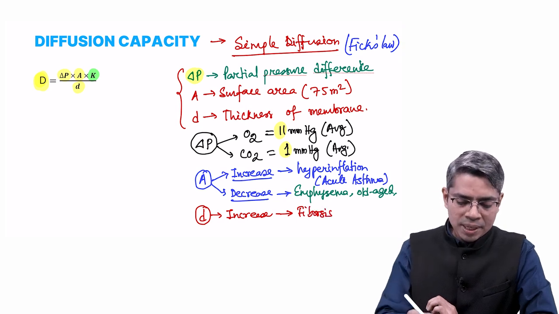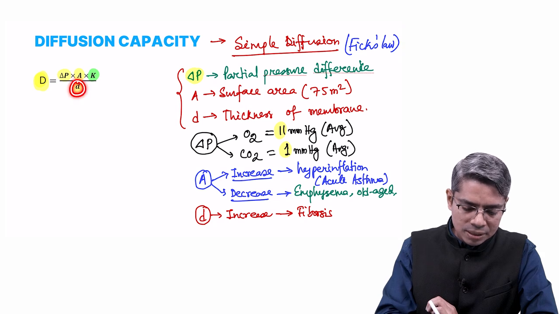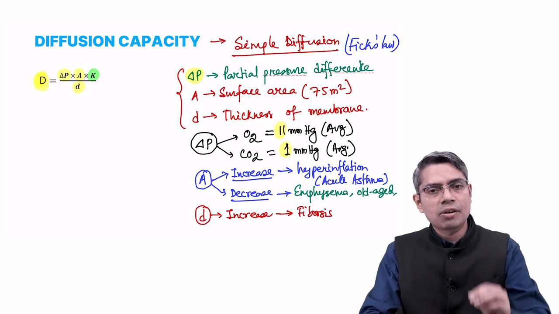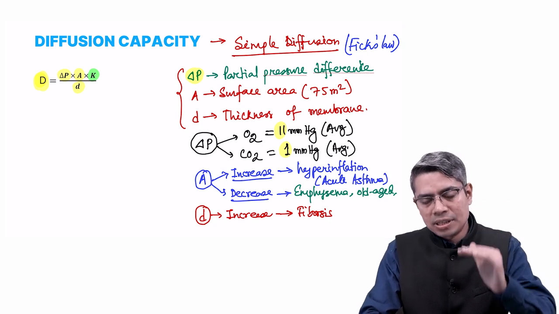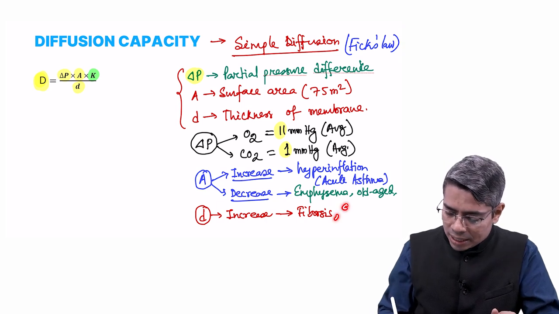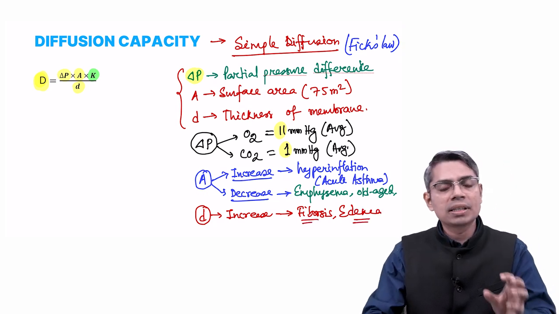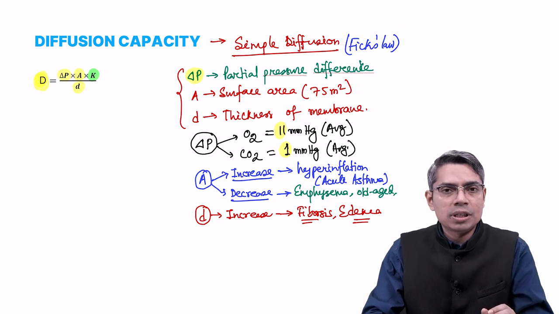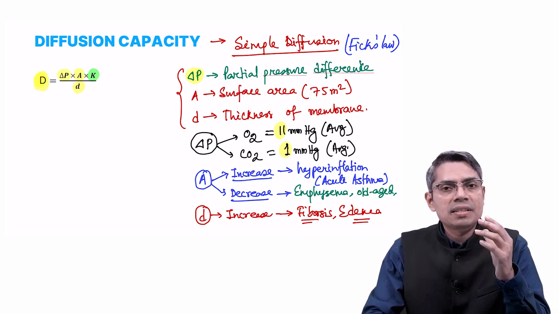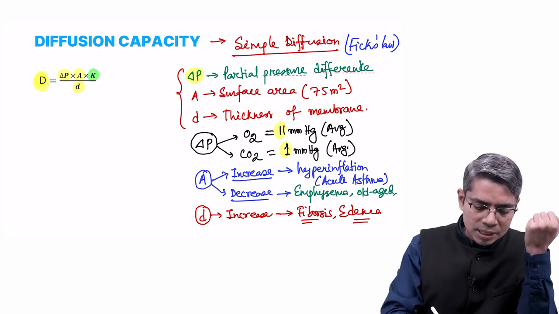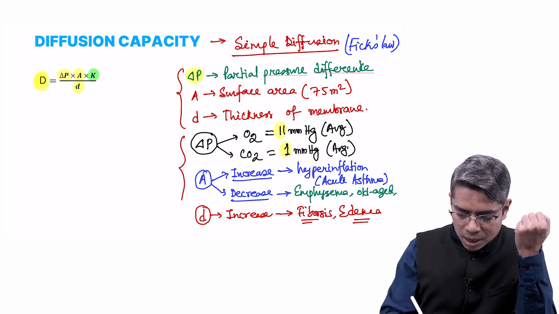So if there is lung fibrosis, then the D, the thickness of the membrane through which the gas exchange is occurring, will increase and diffusion capacity will be decreased. Not only that, suppose there is pulmonary edema, because of the deposition of water in the interstitial space, the diffusion membrane thickness will be increased and the diffusion capacity is going to be decreased.